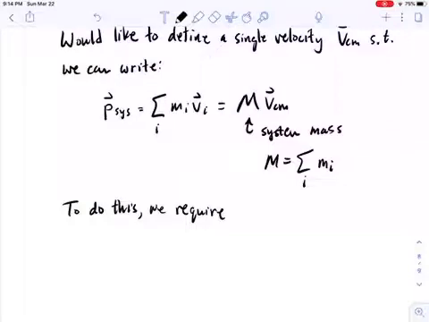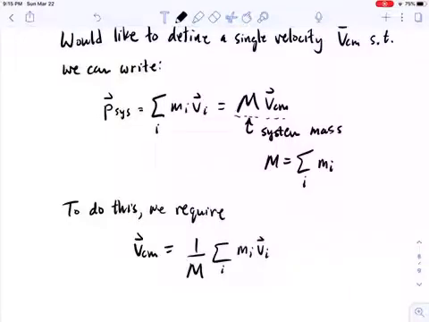If we just take this expression and divide by the total mass of the system, then we isolate for this VCM, and so it must be that VCM is equal to 1 over the total system mass times the sum of the individual momenta, which could equivalently be written as the sum of the individual momenta divided by the sum of the individual masses.